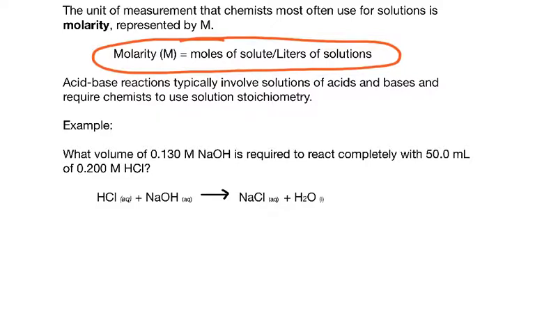In this case, it says what volume of NaOH. So that tells me NaOH is the substance I need to be finishing with, which means I must start with HCl. You're going to take your information about HCl and, using a fence or dimensional analysis, convert it into information about NaOH.